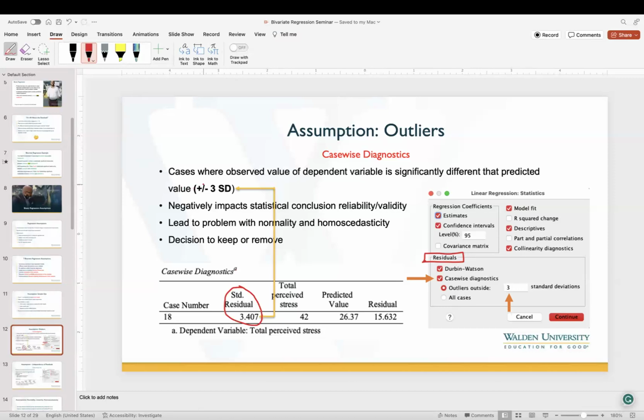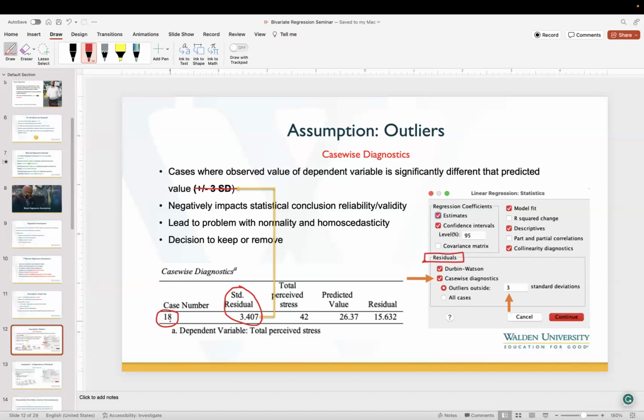And you see plus or minus 3, that's greater than 3, right? 3.4. That tells you this is an outlier, but not only that there's an outlier, exactly which record or case in the database is the culprit, case number 18.